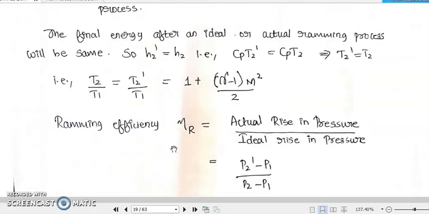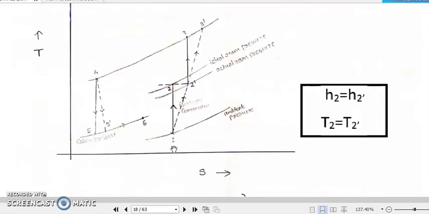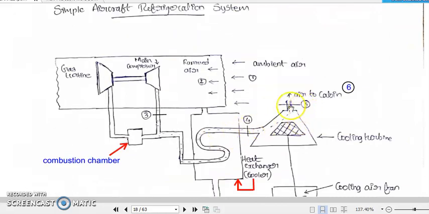Immediately after this expander, what is the next stage? This 4 to 5 is our expander working. Immediately after this expansion process, the air which is already cooled at the heat exchanger and whose pressure is reduced after passing through the turbine is going to enter the cabin.